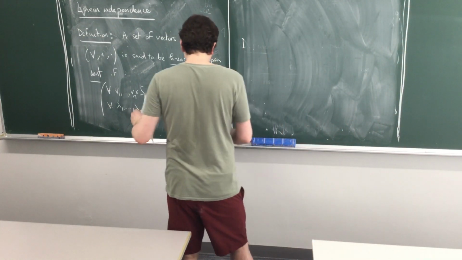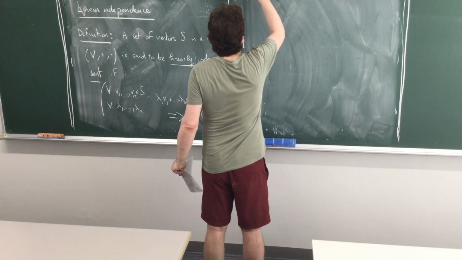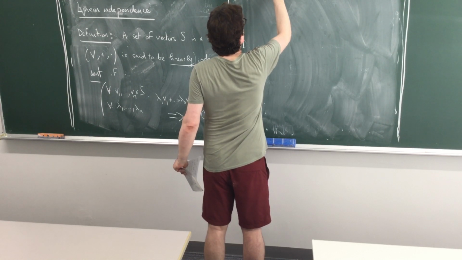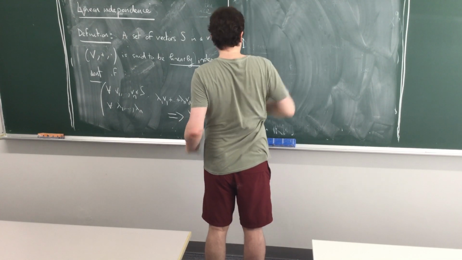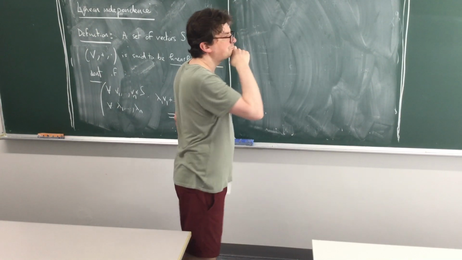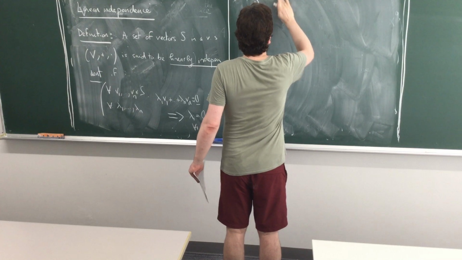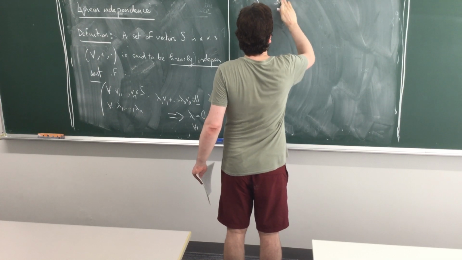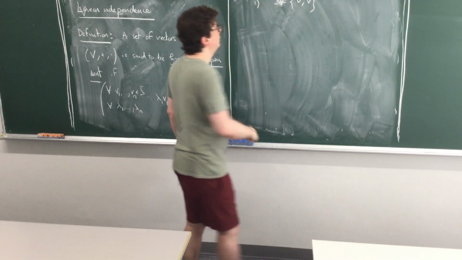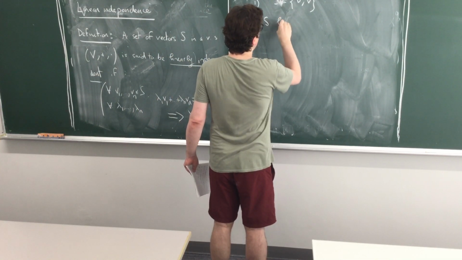Okay, so let me give you an example of this. First of all, if we take S to be just two vectors, u and v, then what does it mean for S to be linearly independent?